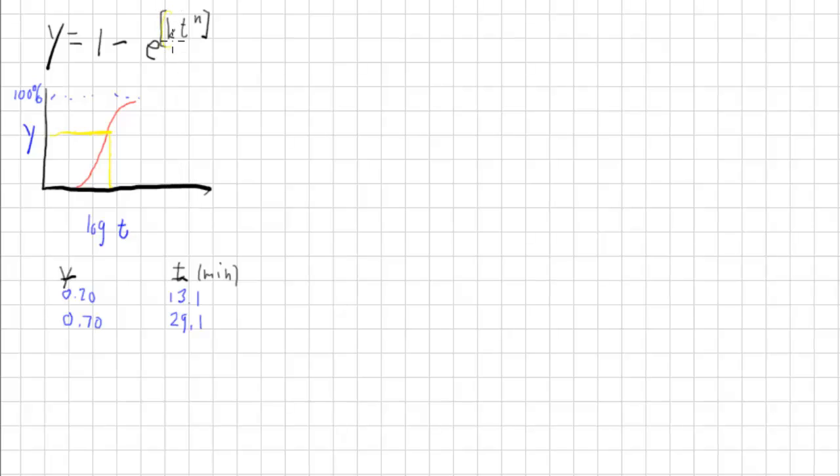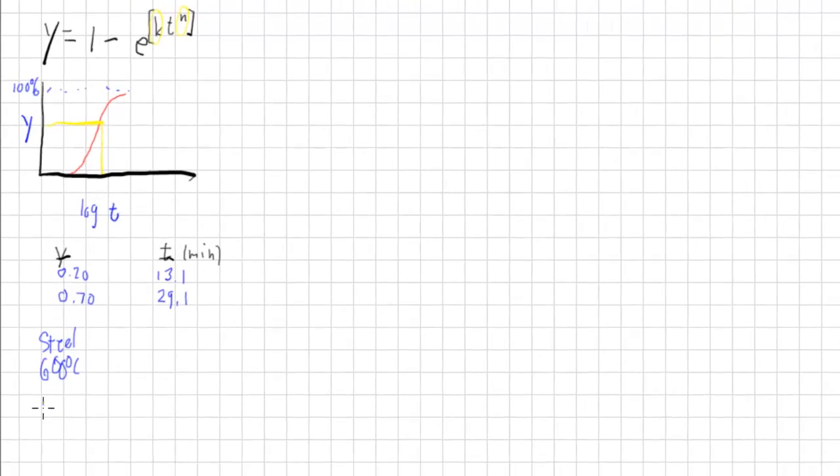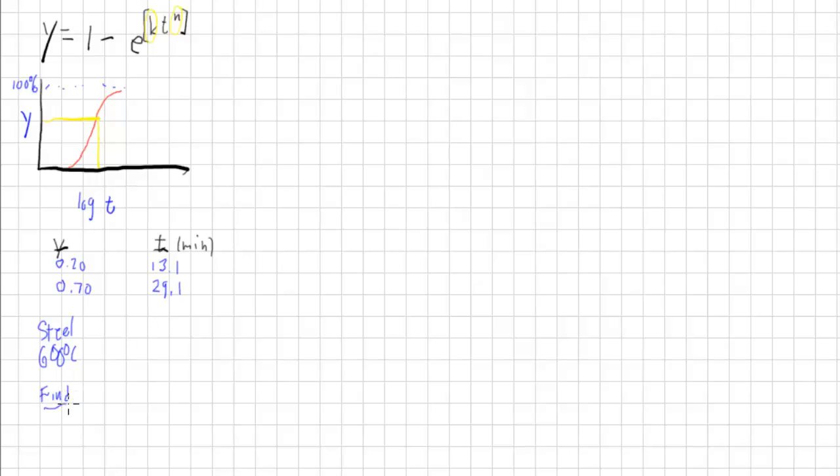Now these parameters k and n are part and parcel with this particular material transformation, and we are given also that this is some form of steel and is being transformed at 600 C, and we want to find the percent transformed, that is y, at 22.8 minutes.